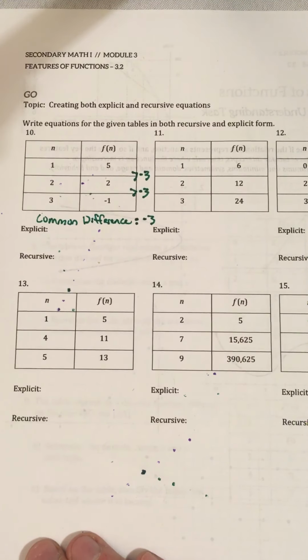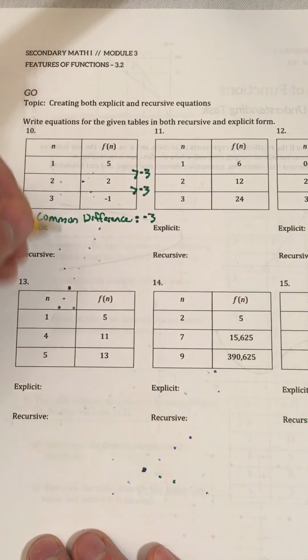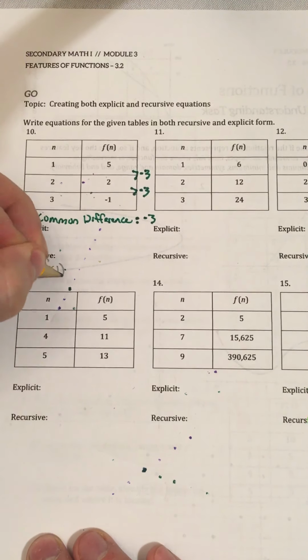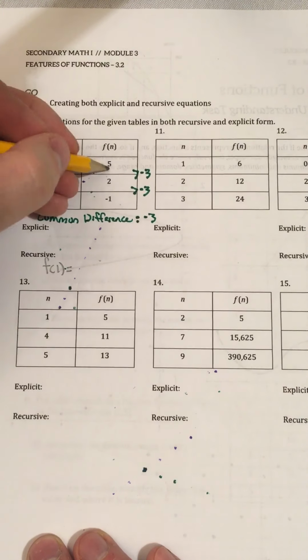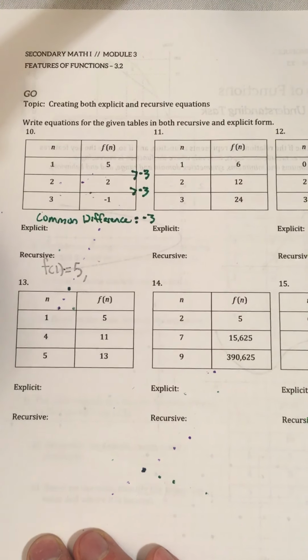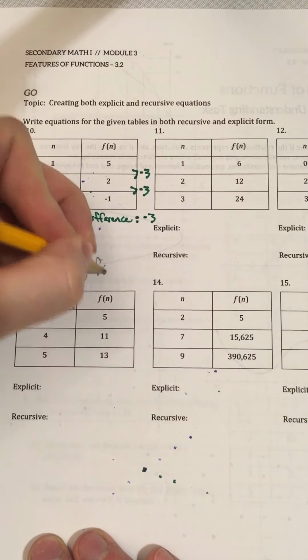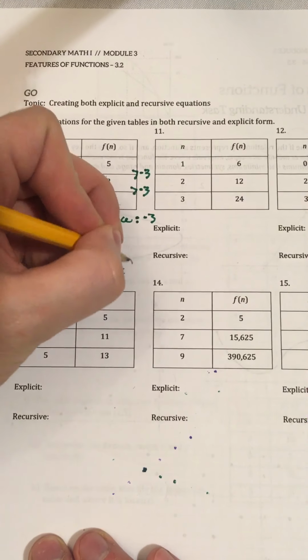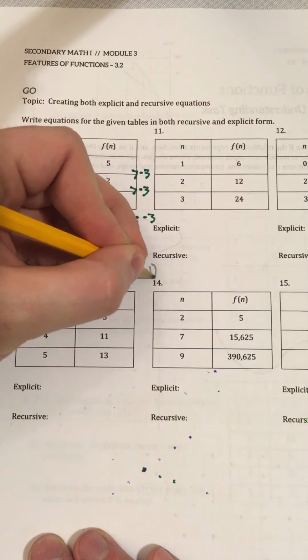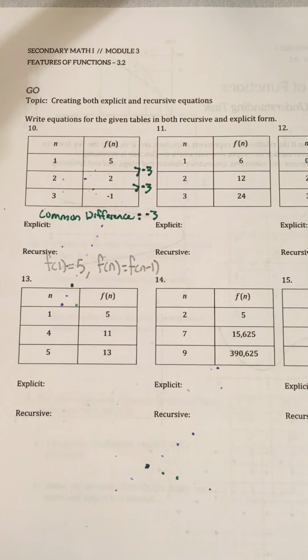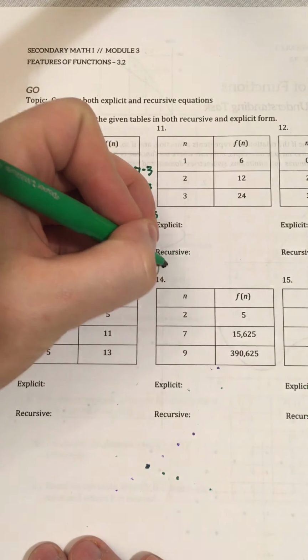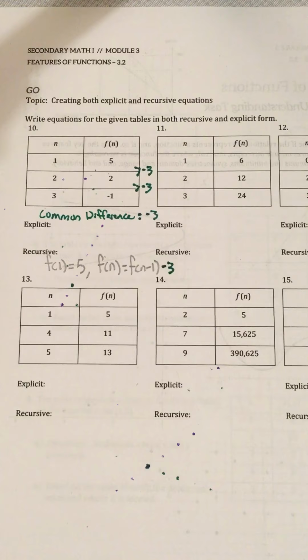And so I have to pick a starting point, and I'm going to pick just this beginning, f of 1 equals, and at 1 it's equal to 5. And then I have to write the recursive equation. So it'll be f of n equals f of n minus 1, meaning our next term equals our previous term, and it was -3.